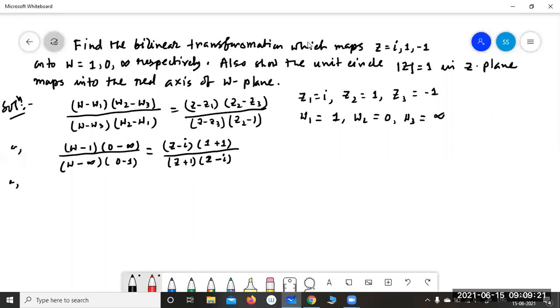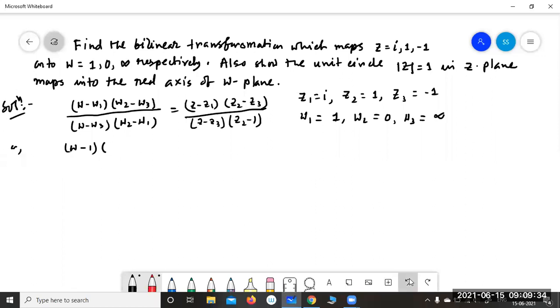Just a minute. Here infinity is given, so directly we cannot find the value of infinity, so we have to make it tend to infinity.